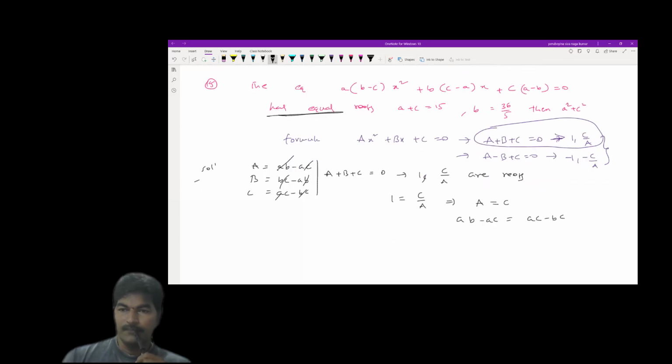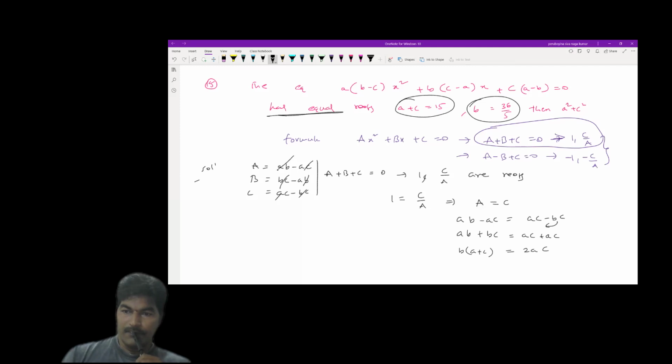Now we use these two values and rearrange the terms to figure it out. ab plus bc is equal to ac plus ac. Taking b common, b times (a plus c) is equal to 2ac.